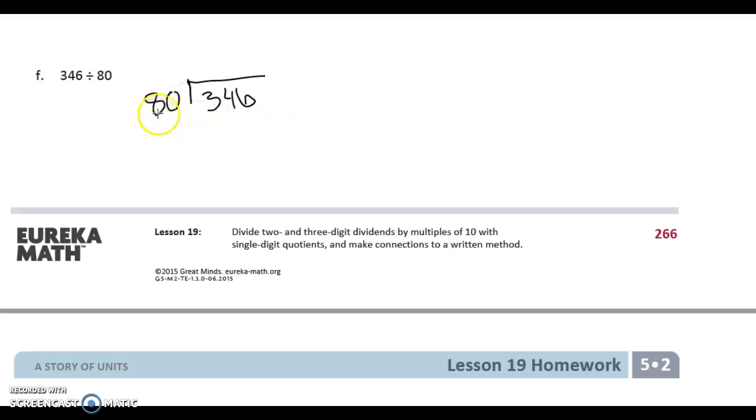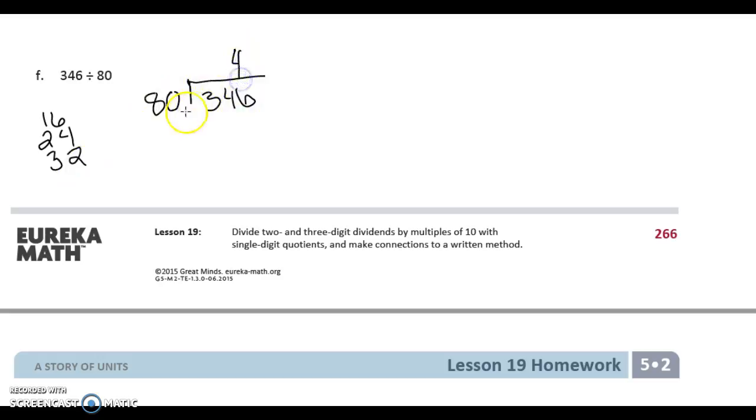And we think, okay, what if we divided by 10 and we got rid of our zeros? 8 times what gets us close to 34? I know 8 times 2 is 16. I know 8 times 3 is 24. And then if I add 8 more to this, 6 gets us to 30, and then there's 2 extra. So that's going to be 8 times 4 is 32. 4 will get us there, won't it?